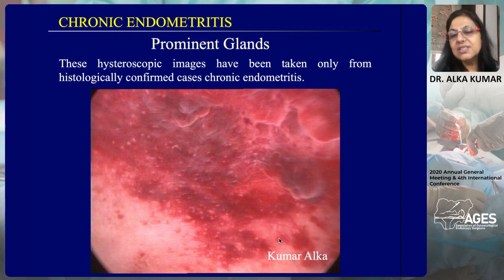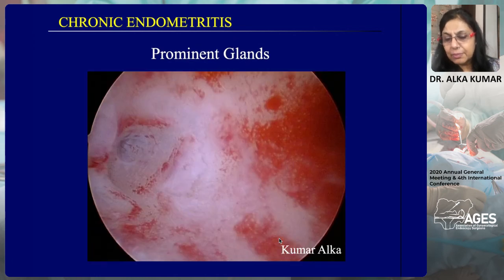Coming to images, how they look. This is how prominent glands look, and these images have been taken only from histologically confirmed cases of chronic endometritis. You can actually see the punctate white spots surrounded by a red hyperemia. It's an angry looking endometrium, and this is one of the pathognomonic appearances of what is called the strawberry-like appearance of the endometrium.